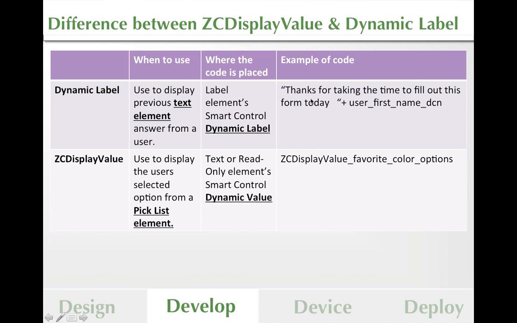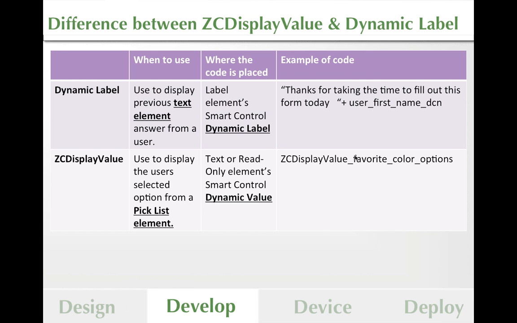So then we come down to ZZ display value, which is a built-in function as well. The reason you'd want to use ZZ display value is because right now the data that you're collecting from the user when they choose an option is the key value. So this key value is what is always being recorded with the metadata. And so maybe there's a time where you want the user to actually see what they have selected.